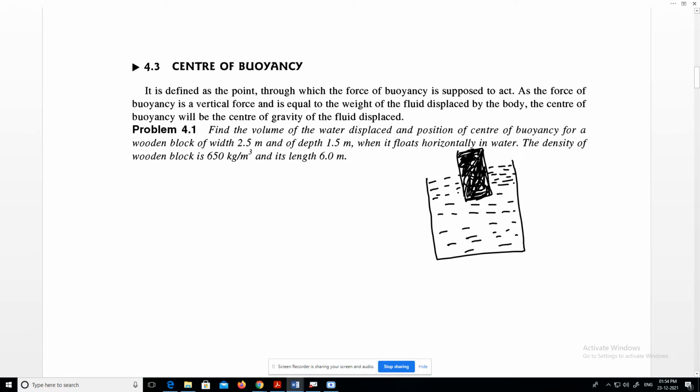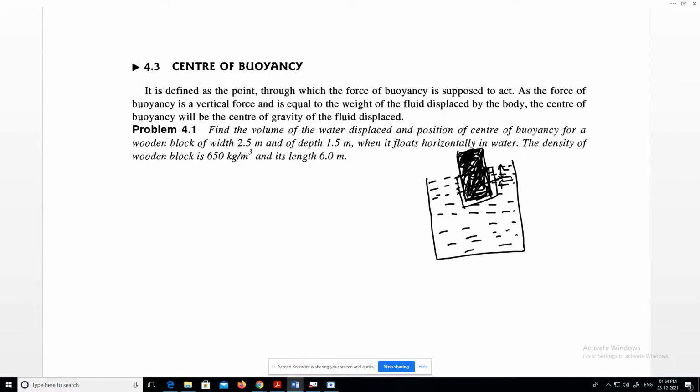If the weight of the body is higher, what will happen? Directly, this body comes to the bottom due to the higher weight and density. From this, this amount of liquid will be displaced. So here the buoyancy force acts at the center of the displaced liquid. This is the center. At this point, the total buoyancy force F acts. It is called the center of buoyancy, right.